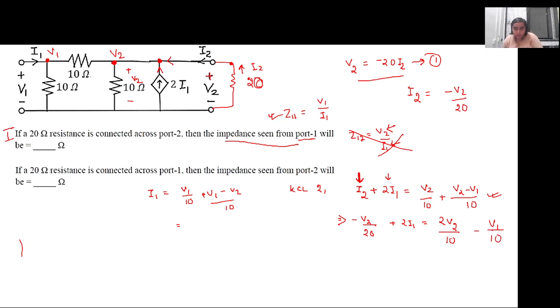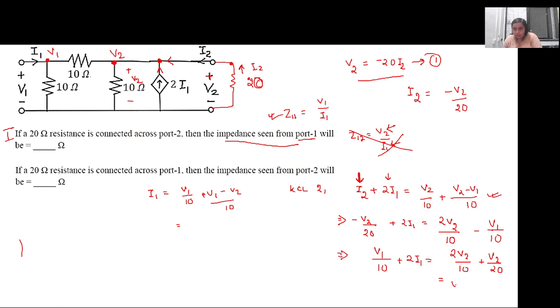Now since we do not need V2, we will take V2 on one side and I1 and V1 on the other side. So I'll bring V1 on the left hand side. So it is V1 by 10 plus 2I1 will be equal to 2V2 by 10 plus V2 by 20, right?